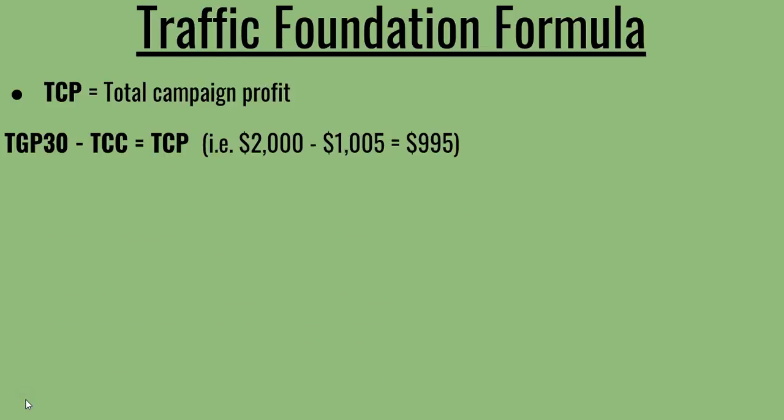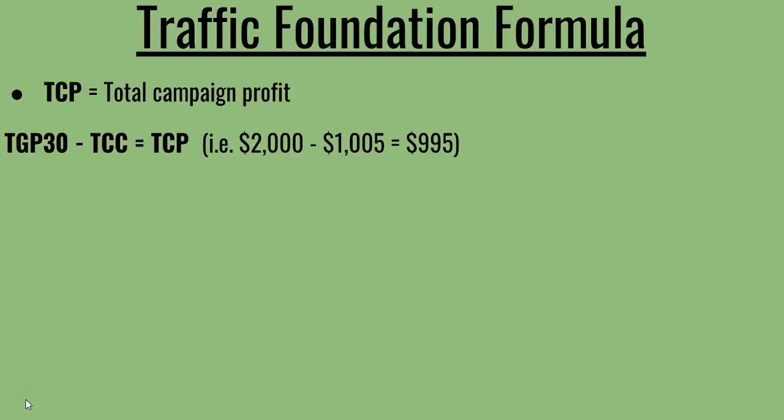And the next formula here that you want to keep in mind is the TCP, and that is the total campaign profit. How you get to that is you take the total gross profit for the first 30 days, the TGP30, minus the total campaign cost, and that gives you the total campaign profit.